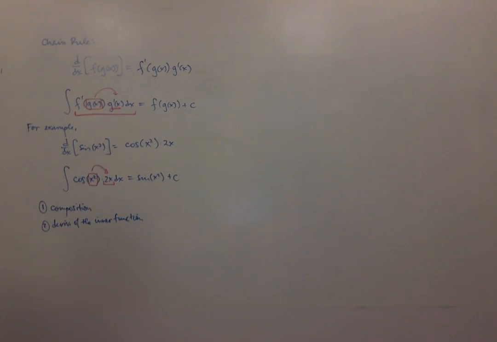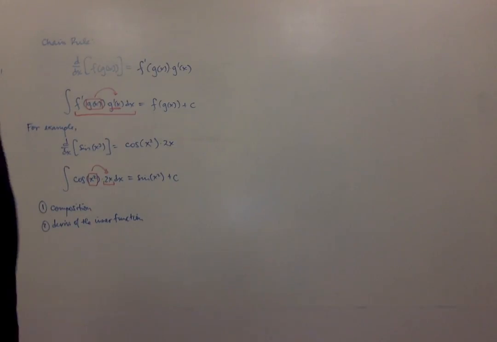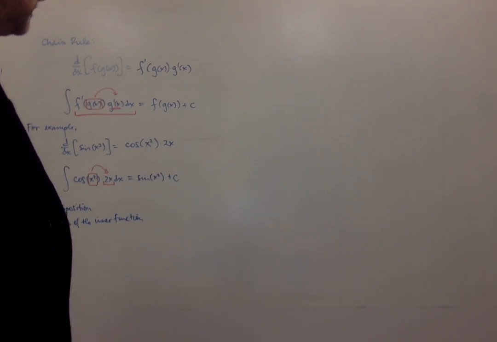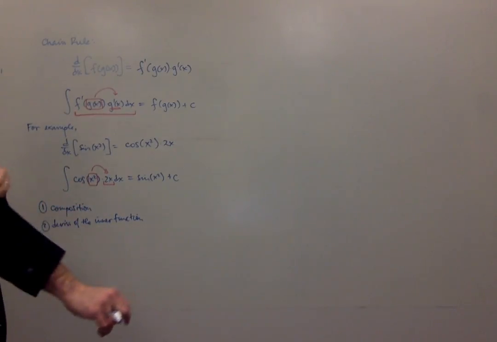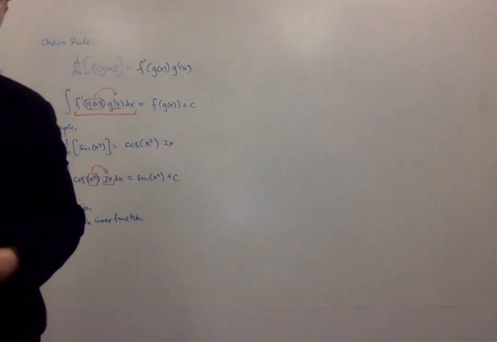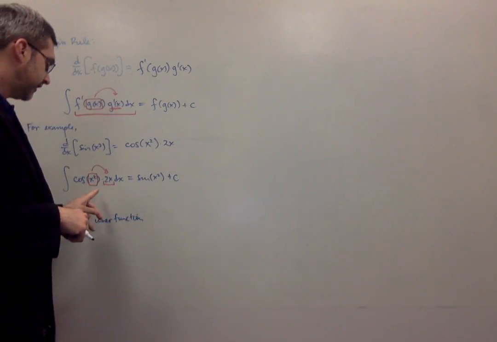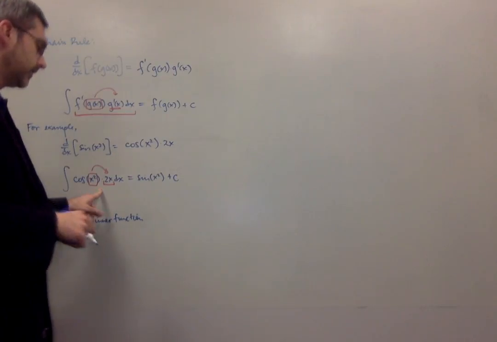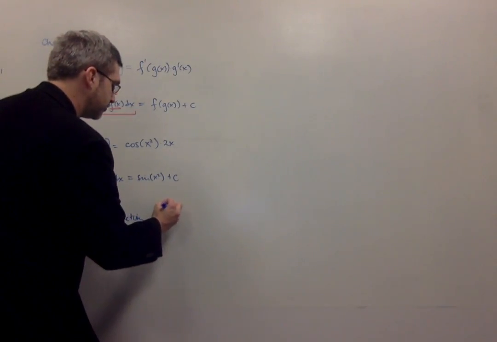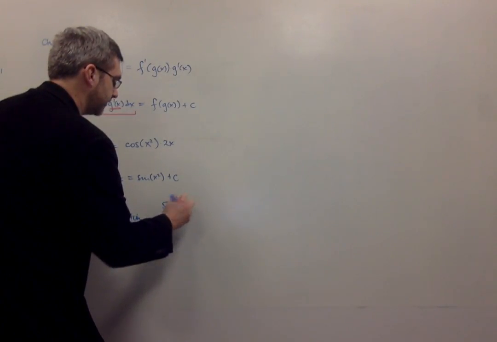So what we do that's going to help us a lot is we're going to do a substitution, and that's actually going to be the name of this section. So when we have a hint that there's an inverse chain rule going on here, we're going to make a substitution, and we'll do lots of examples of this.